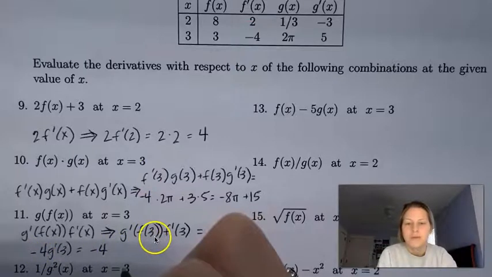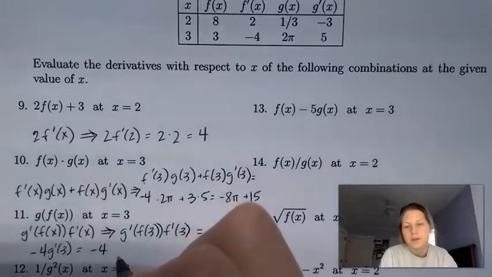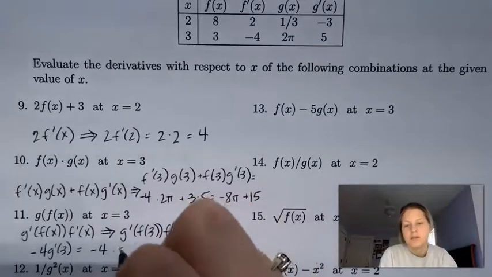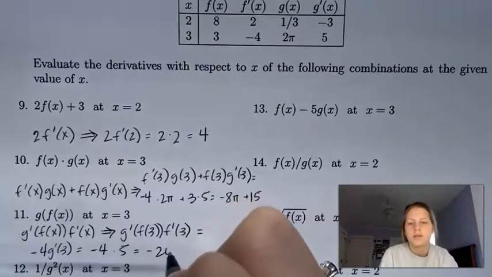And then f of 3 is 3, so we end up with g prime of 3. And then we get negative 4 times 5. And the 5 comes from the g prime of 3. If you look, g prime of 3 is equal to 5. So we will end up with the final answer of negative 20.